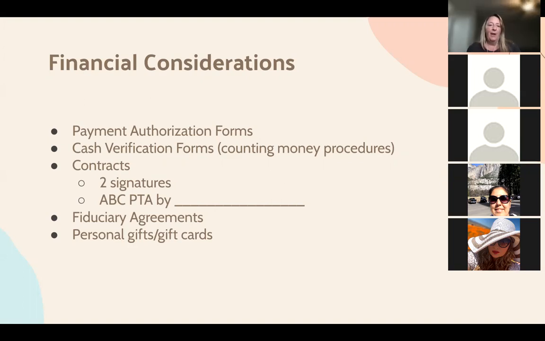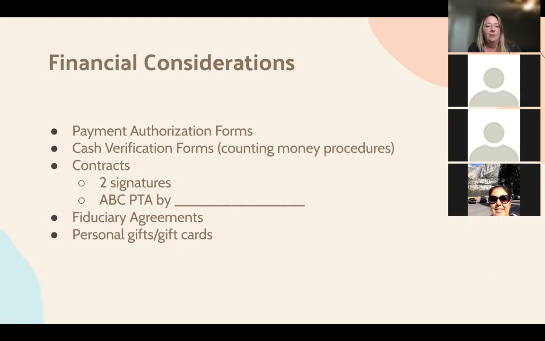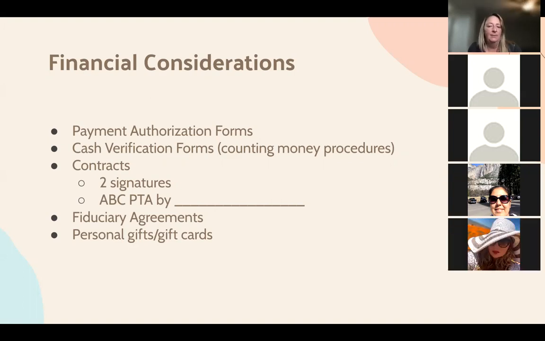Just so you know, you don't have to use the one that is on CAPTA. You can make one that is more personal to your PTA, but follow the basic form that they have, and you can personalize it with your PTA's name and things like that. This is the form that you would fill out to write a check to somebody.